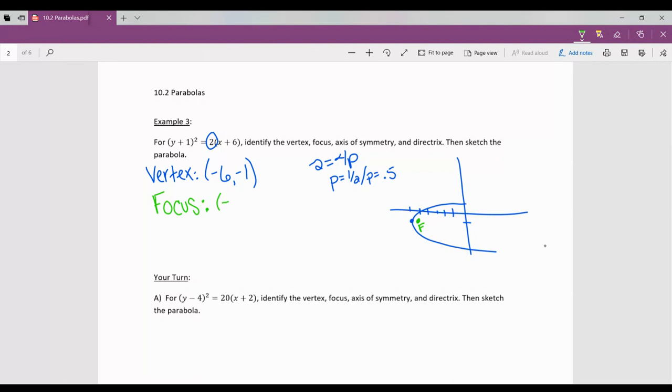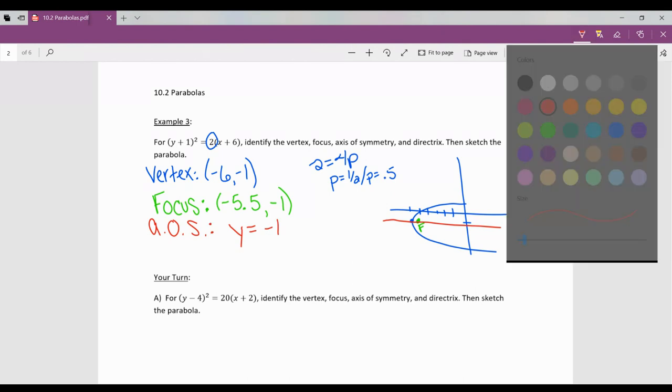So it's going to be (-5.5, -1). My axis of symmetry goes through the vertex, and that's a horizontal line, so it's y equals -1.